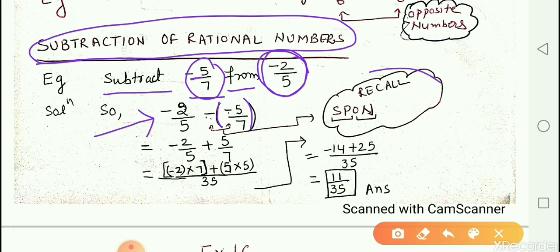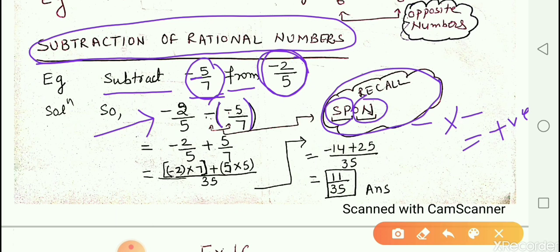Now recall the sign method which we have done in 7th class, which says that if a negative number is multiplied by a negative number, the answer will become positive. So here, same signs give positive and opposite signs give negative.